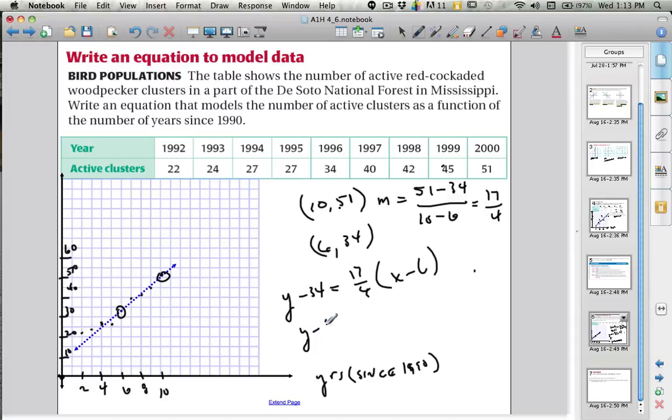Right, so y minus 34 is equal to 17/4 x, my mistake, 17/4 x minus 6 times 17 over 4. Well, the 4 has a factor of 2 and the 6 has a factor of 2, so it'll be 3 times 17 over 2, so that's 51/2.